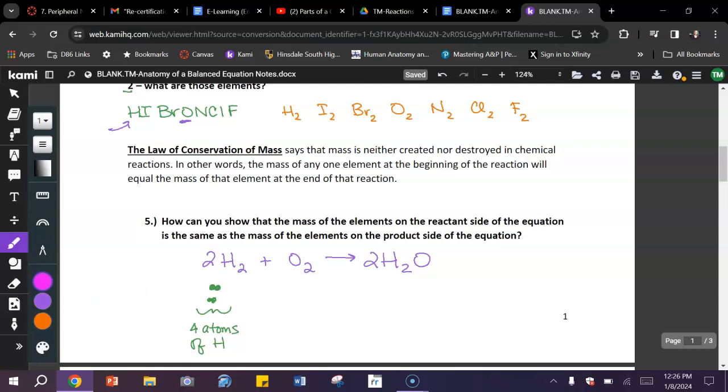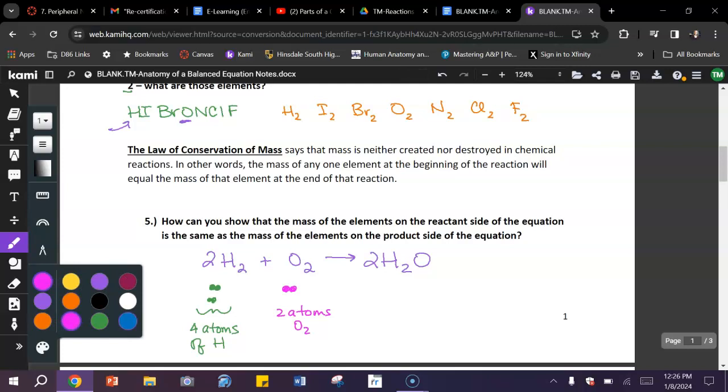And over here, I'm adding it to 1 molecule of oxygen. Well, oxygen here has 2 atoms of oxygen. So I'm starting out with 2 atoms of oxygen, which means that on the product side, I should also have 4 atoms of hydrogen and 2 atoms of oxygen.